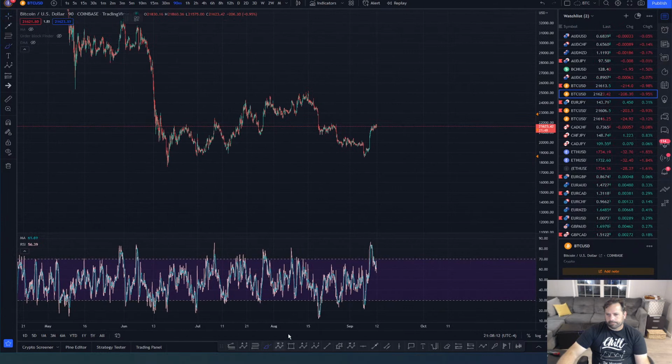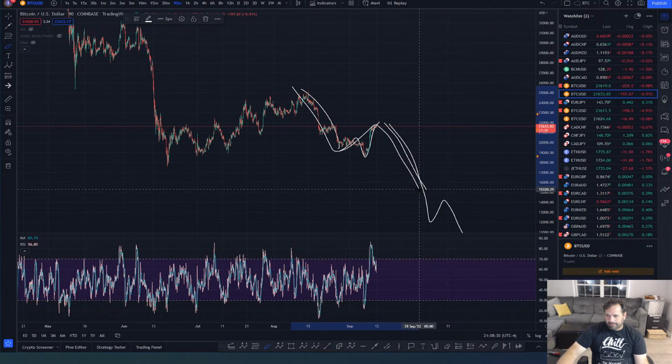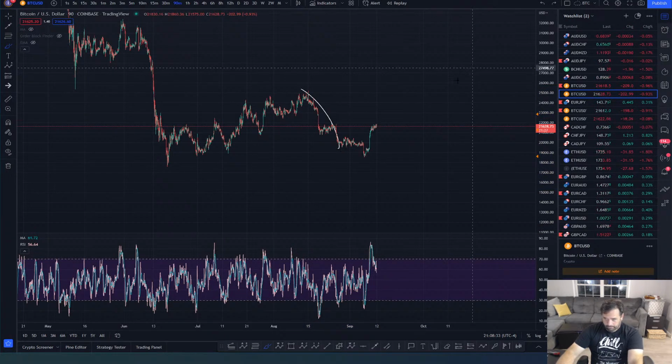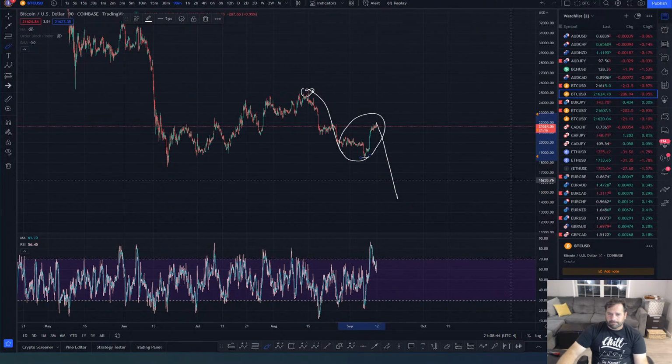And then you're going to have a 3-wave pullback and get 5 more down, which could turn into something bigger, or it could just be an ABC. Nevertheless, if this 5-wave move is beginning something, a dump is coming. That means this wave right here is a flat.